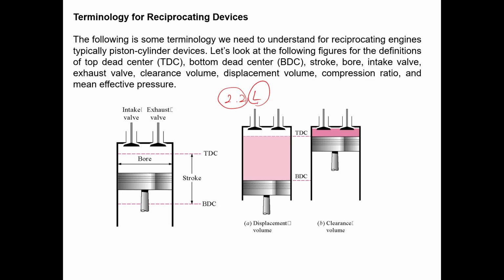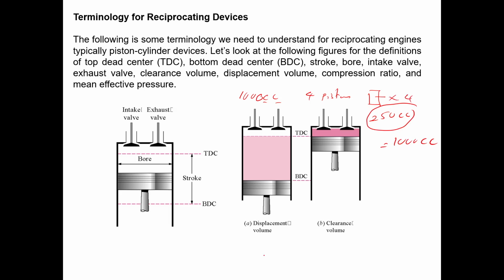For example, let's say you have a car that displays 1000 cc, cc for cubic centimeters, a 1000 cc engine, and it has four pistons. Then each piston displays 250 cc of volume. Multiplied by 4, you get the 1000 cc engine.